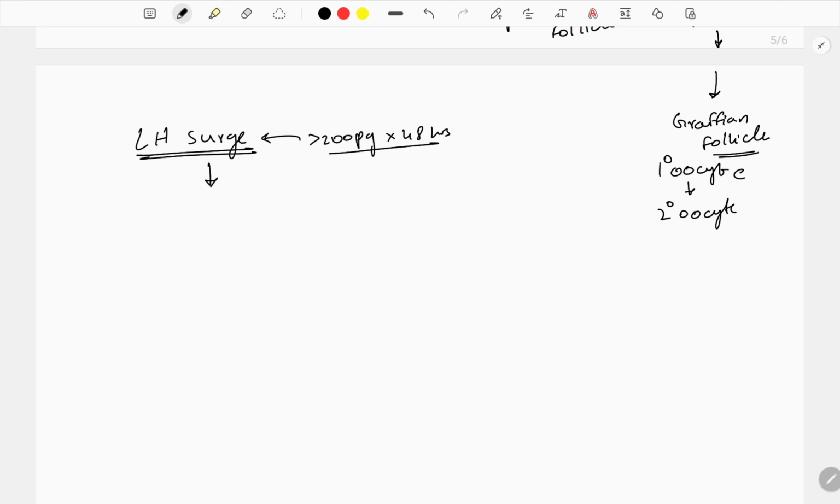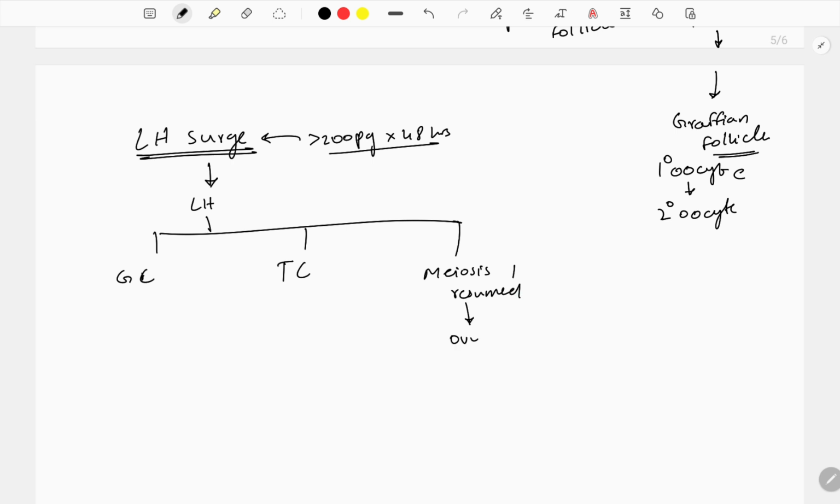The LH level increases and it acts on granulosa cells, theca cells. Now because of this LH surge, meiosis 1 is resumed. So ovulation occurs.